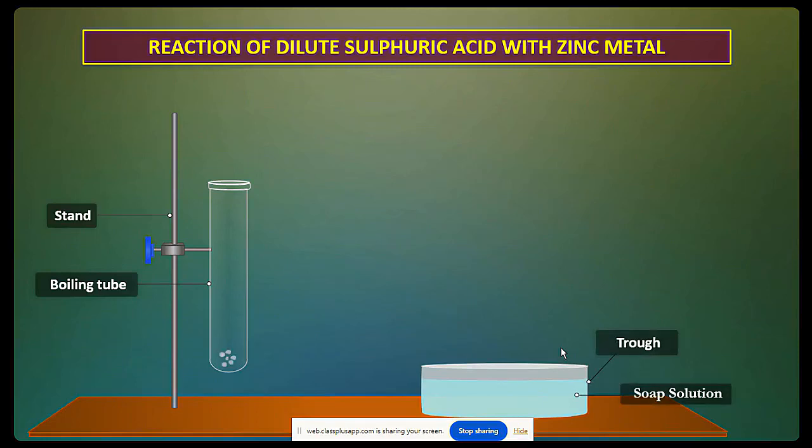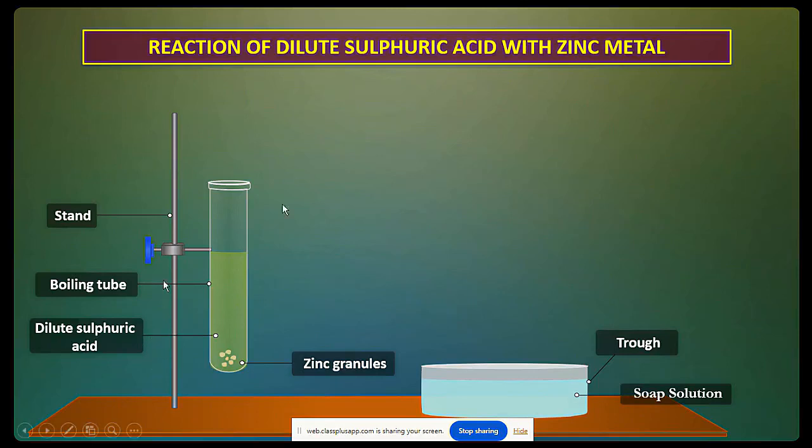And then add some zinc granules to the test tube. You can see here zinc granules, and then add sulfuric acid into it, H2SO4, dilute sulfuric acid, and then we need to keep a rubber cork with a single hole at the top of the mouth of the test tube.